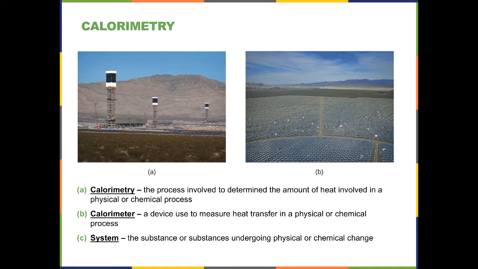A system is a substance or substances that is undergoing a physical or chemical change, whereas the surroundings is the rest of the universe that's not included in the system. And many times, you have to define what you mean by the system that you're dealing with.